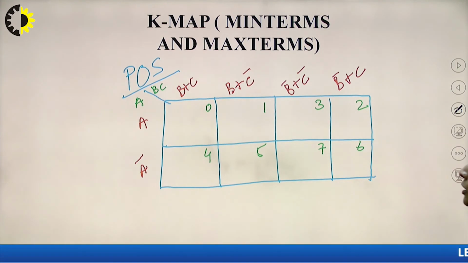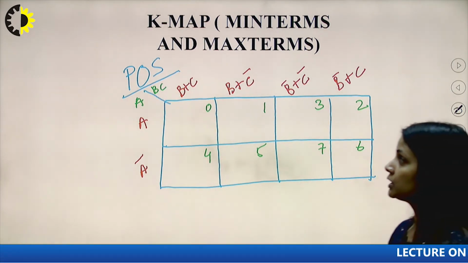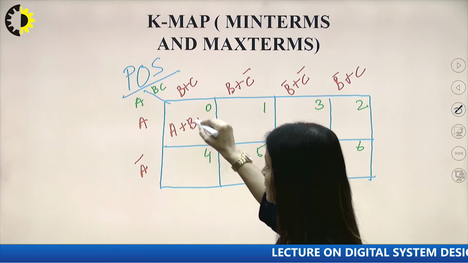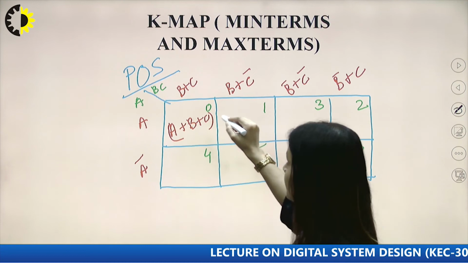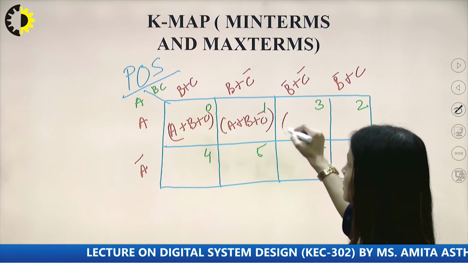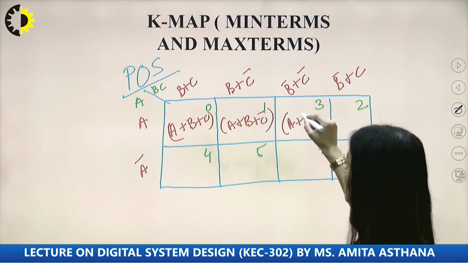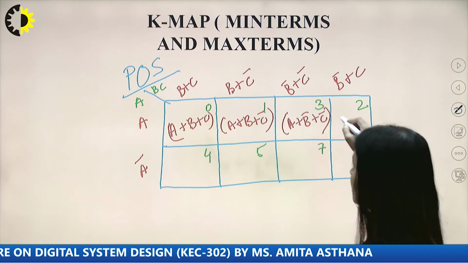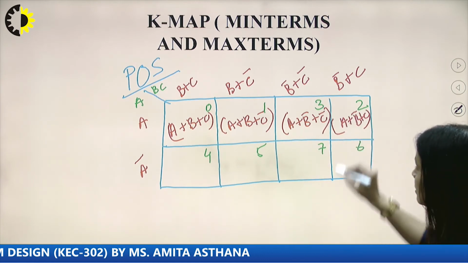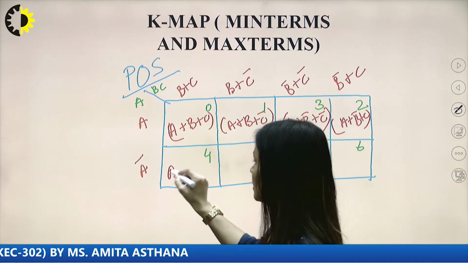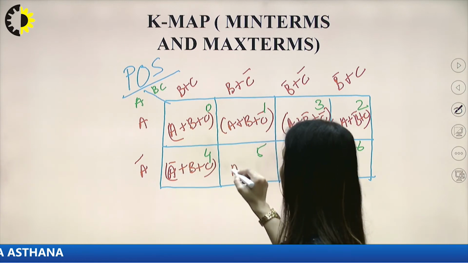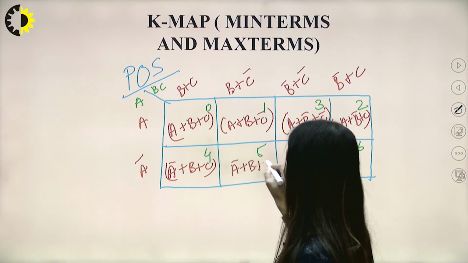Okay. So in POS form, what is the representation? This particular block will represent the term A plus B plus C. It will represent A plus B plus C bar. Similarly, A plus B bar plus C bar, A plus B bar plus C, right? A bar plus B plus C, A bar plus B plus C bar.